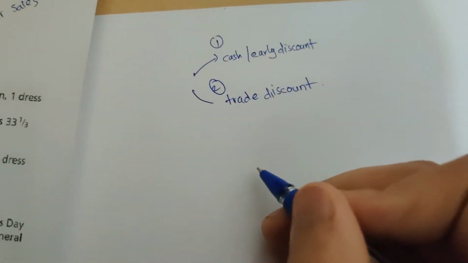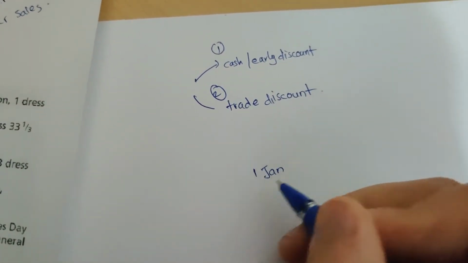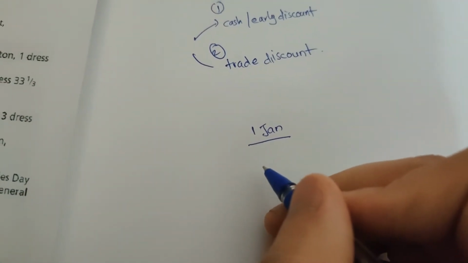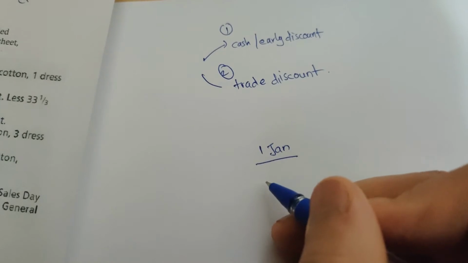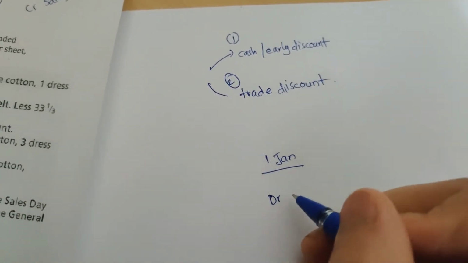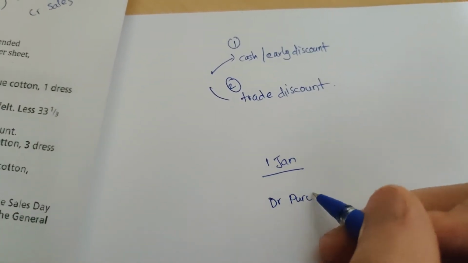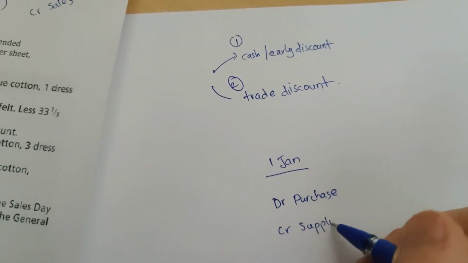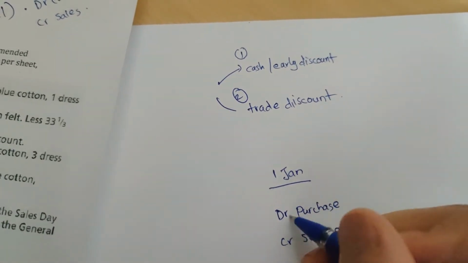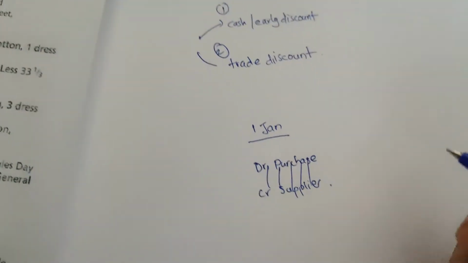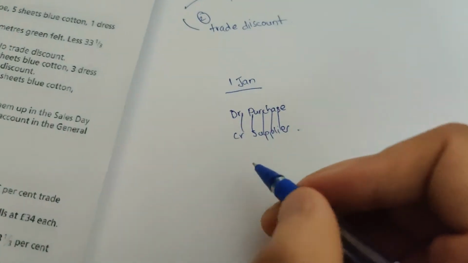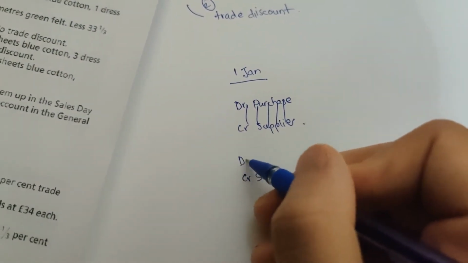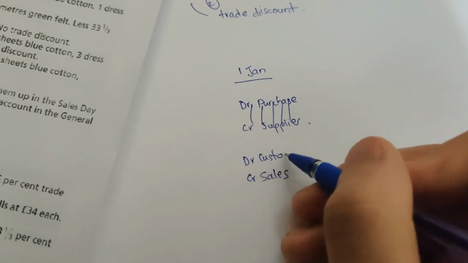On 1st January I visit a shop, and on this day I buy goods on time. Whenever you buy goods on time, there is debit purchase, credit supplier. Alternatively, from the business point of view, this would be recorded as a sale. So credit sales, debit my customer because he owes me money.